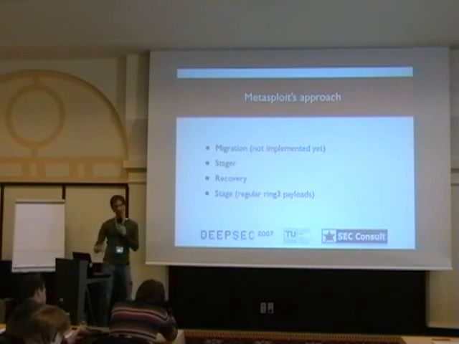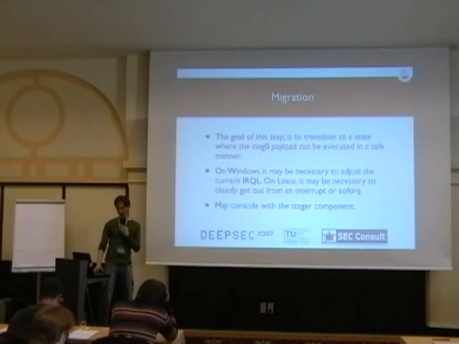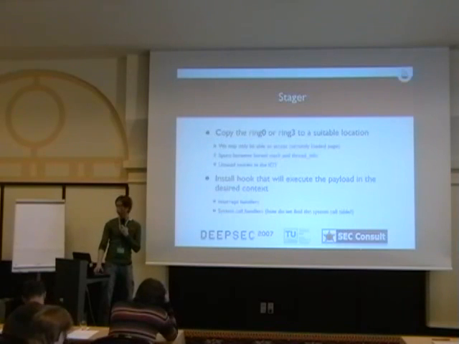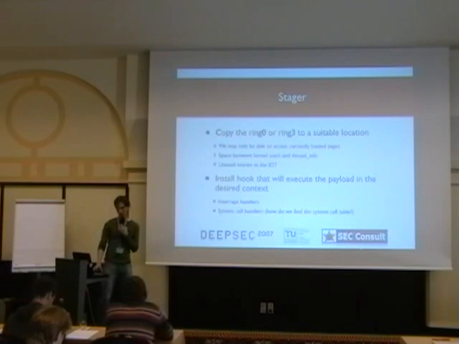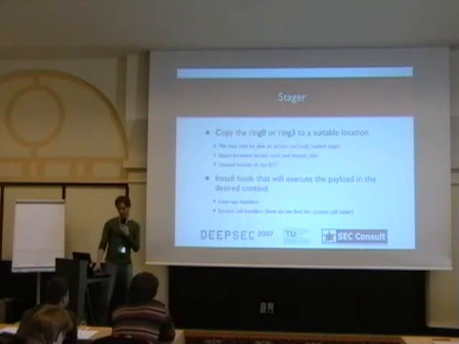And you have the stage phase, which ideally would be only a user space payload. So since we're running out of time, I think only a few words on the stager phase, because that's one of the most important phases.